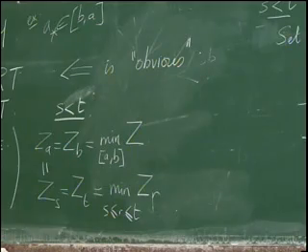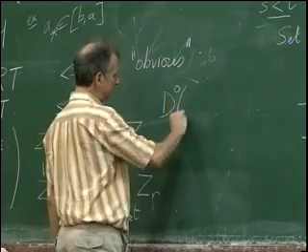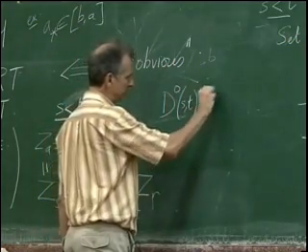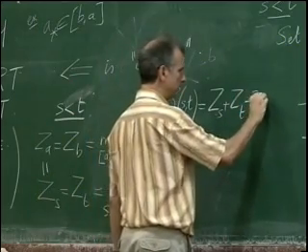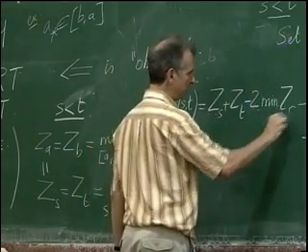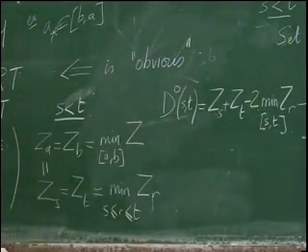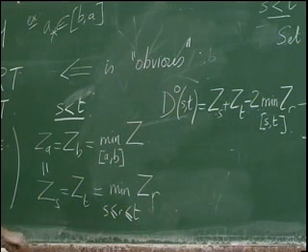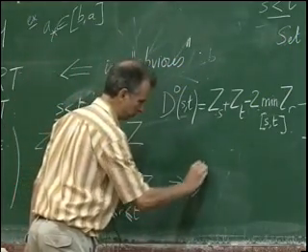And if you remember, yesterday Gregory introduced this D0 of ST, which was precisely this quantity, ZS plus ZT minus twice the minimum of ZR on the interval ST. And so this property which is here is telling you that D0 of ST is equal to 0.